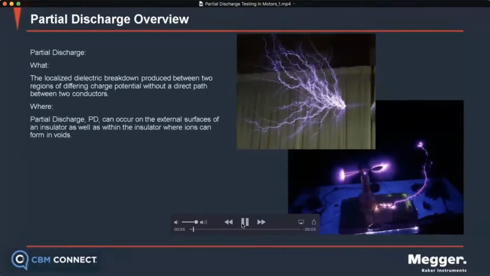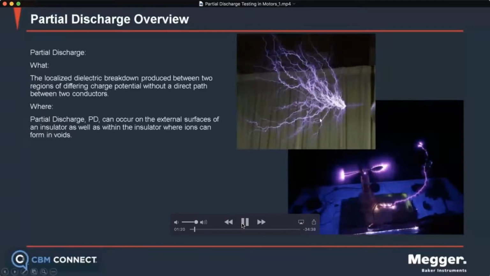It can happen on the external surfaces of insulators. It can happen internally in the voids of insulation. This is why in electrical motors, switchgear and transformers, especially where there's high voltage present, we're concerned about these little lightning strikes that can occur.